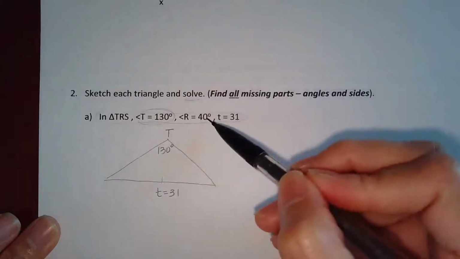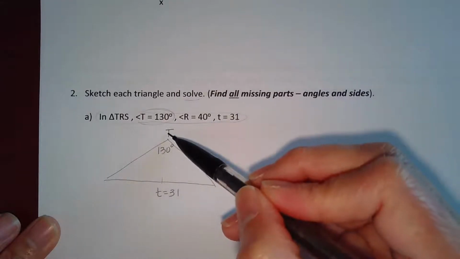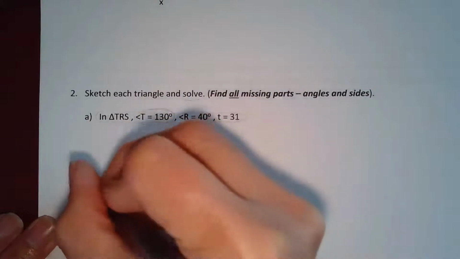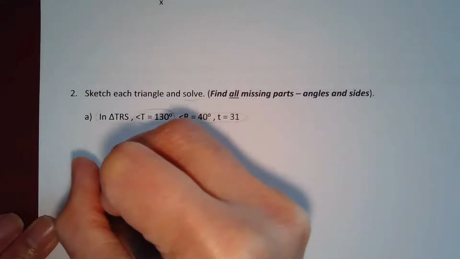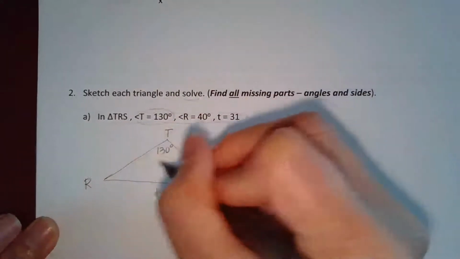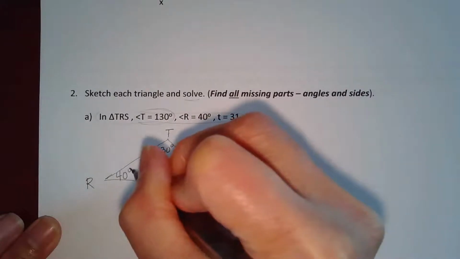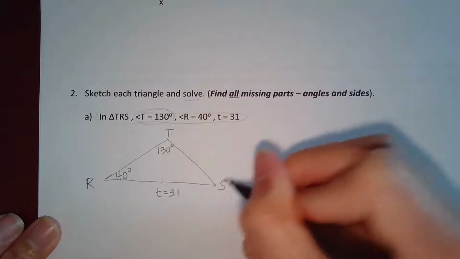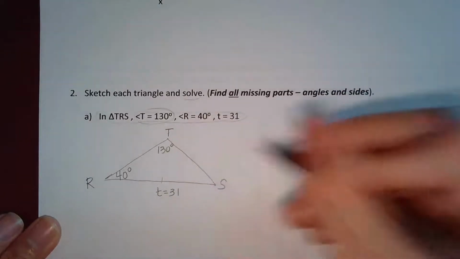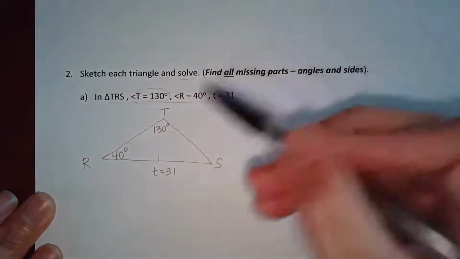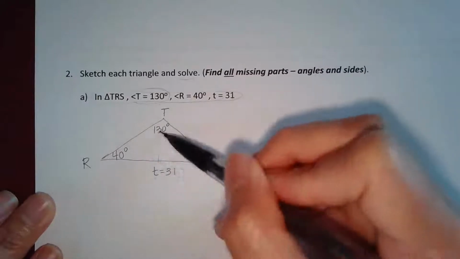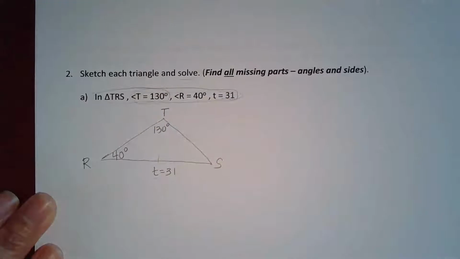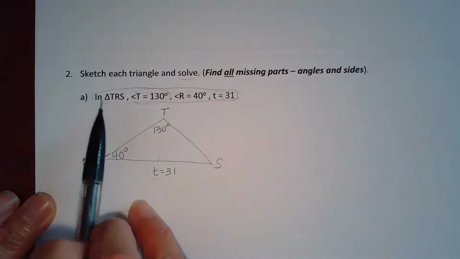Now angle R, we already have the T down, so we can pick a different corner and call this R. R is 40 degrees. That makes this one angle S, which we don't know. Those are the only three pieces of information we got from the line up here.